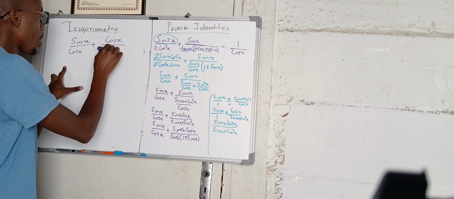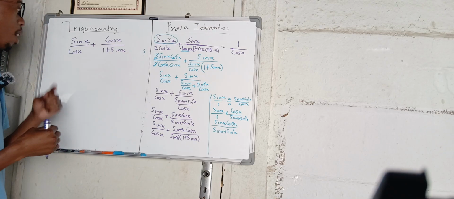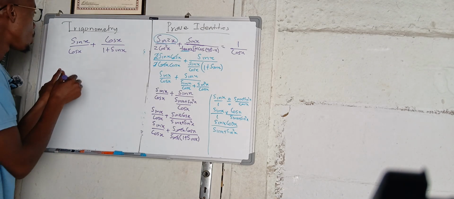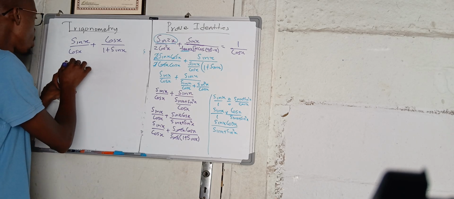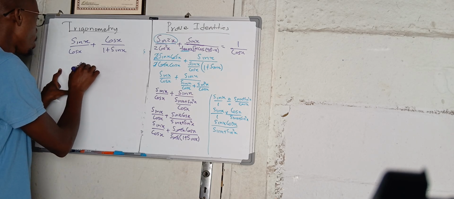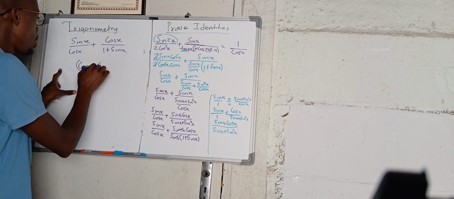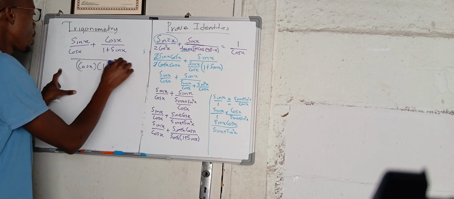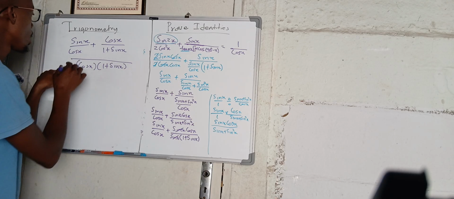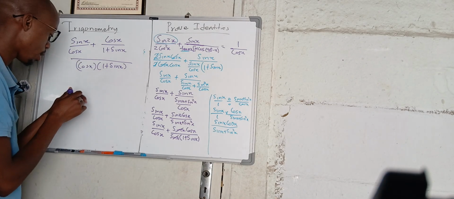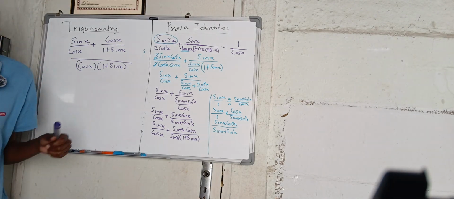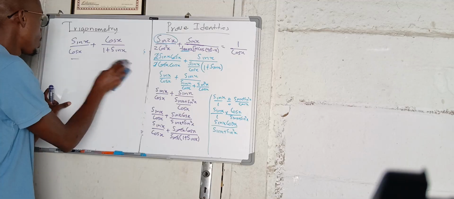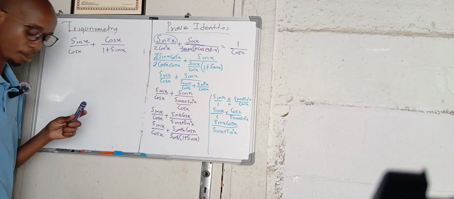1 plus sine x. Now, I can also find a common denominator here, which is going to be cos x into 1 plus sine x. And then here, what is it that I'm going to get? Let me give it air to breathe. I'm moving it down.